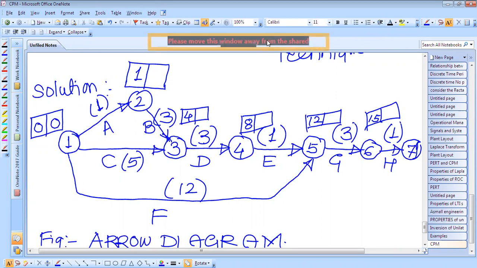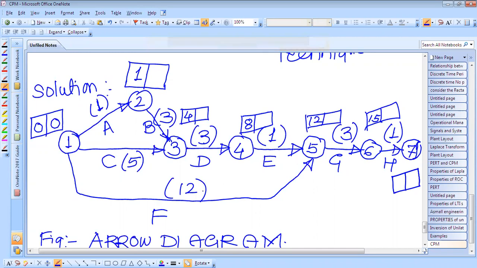Therefore, what is the LFT for the activity 6-7? The LFT for activity 6-7 is 16, and the EST for this activity is 15.